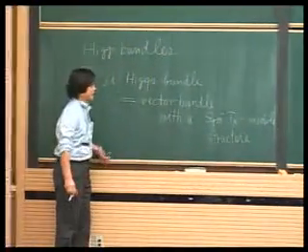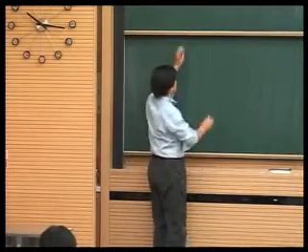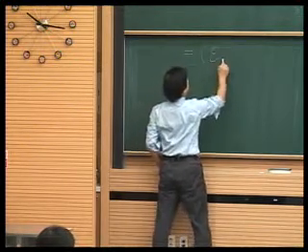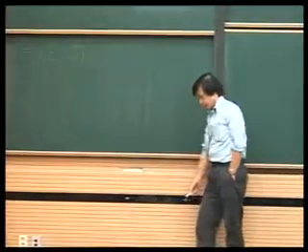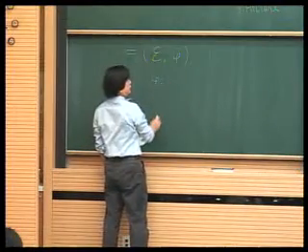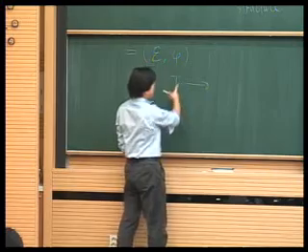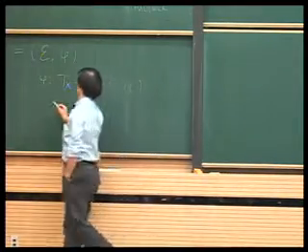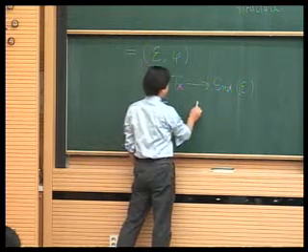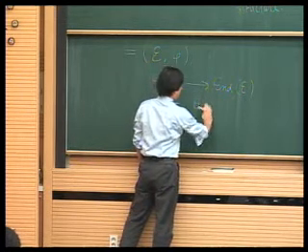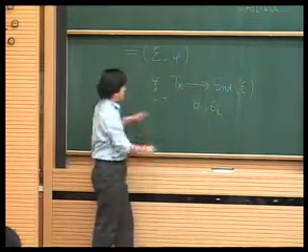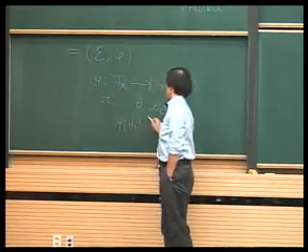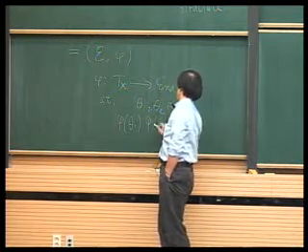Or more explicitly, a Higgs bundle is a pair of E, a vector bundle, and phi, where phi is a homomorphism from the tangent bundle to the endomorphism of E, such that for two elements in the tangent bundle, we require that the two homomorphisms commute.